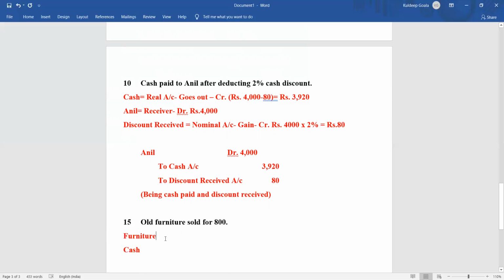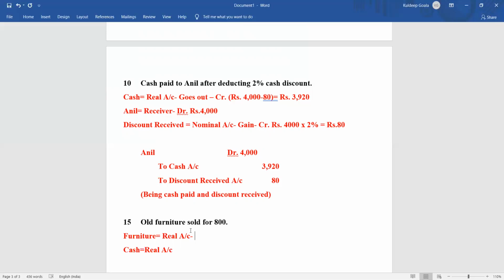So what it was, furniture account and cash account. Furniture, we know it is a real account, and cash is also a real account. So let's find out the rule one by one. Furniture, we know the rule. Debit what comes in, credit what goes out.